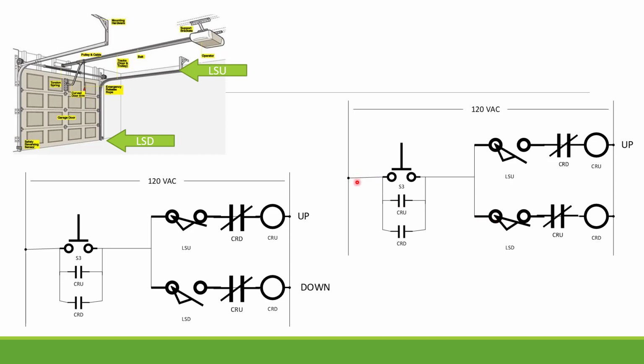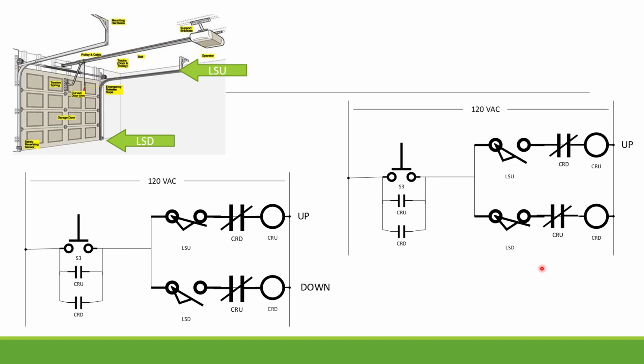But even though when we were trying to make it go up and this sealed in, that would have applied power this direction and caused this to try to go down while it was going up. That's why we had to have these electrical interlocks to prevent that from happening.